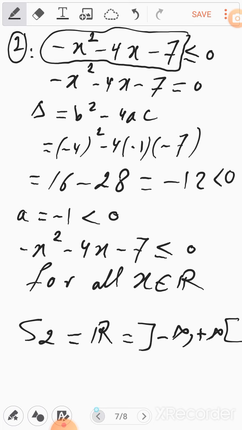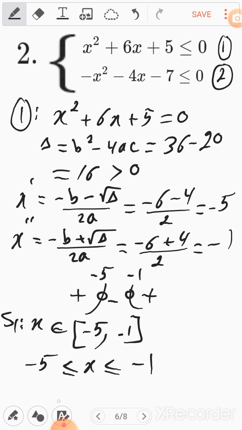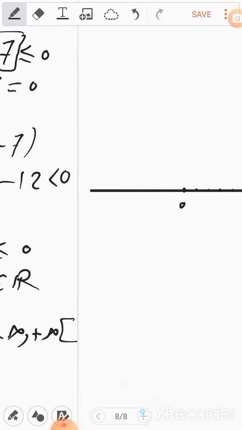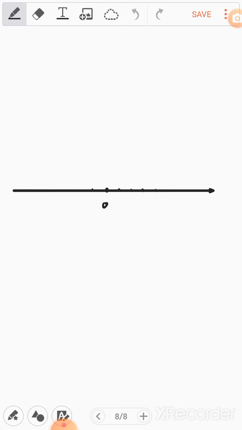Here we need minus 5 and minus 1. Here minus 1, minus 2, minus 3, minus 4, minus 5. This is minus 5. This is minus 1. This is 1.